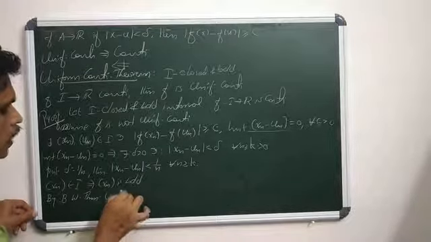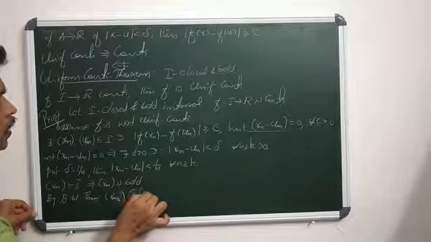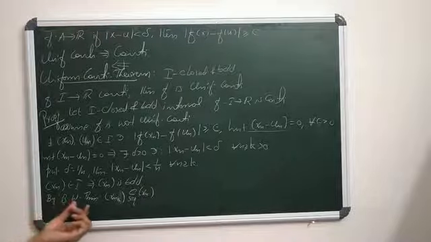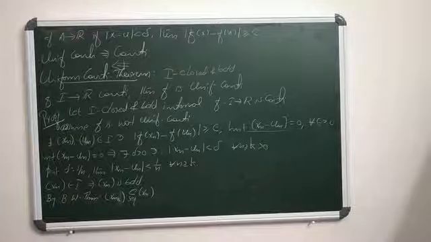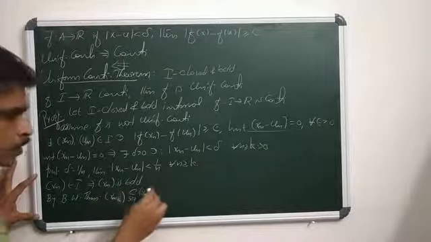Let xnk be a subsequence of xn. So xnk converges, because of the Bolzano-Weierstrass theorem.